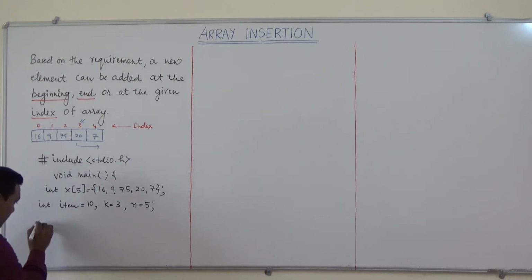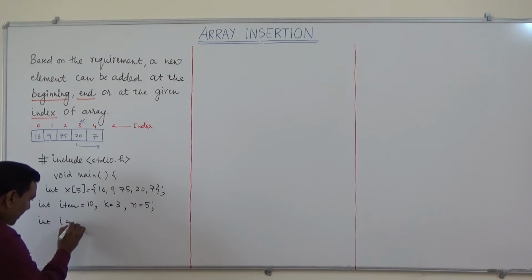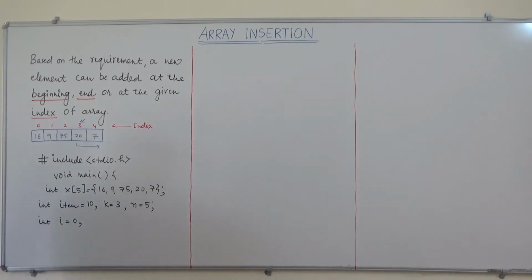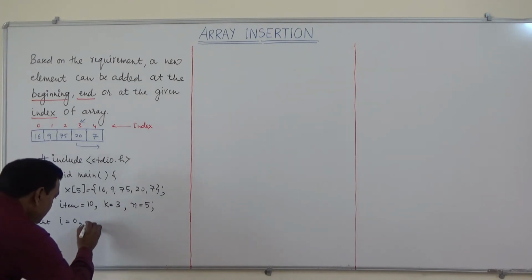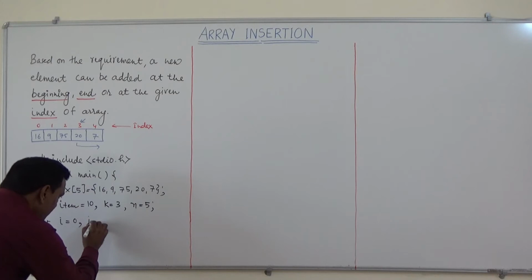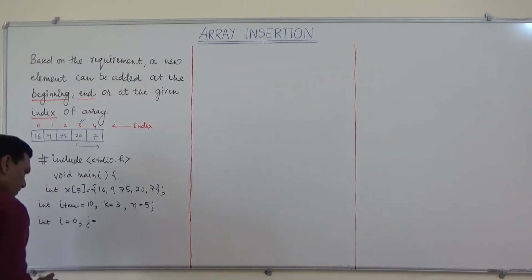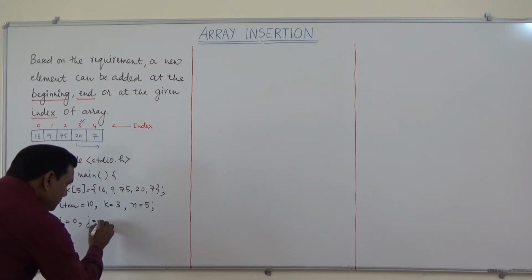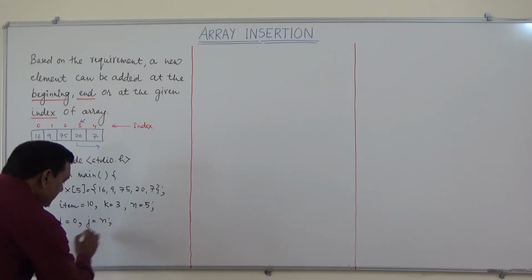Now we will use one more variable, i equals 0, which we have initialized to 0, and one more variable, j, and j equals n.